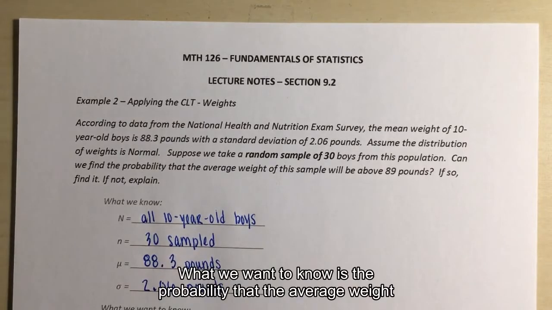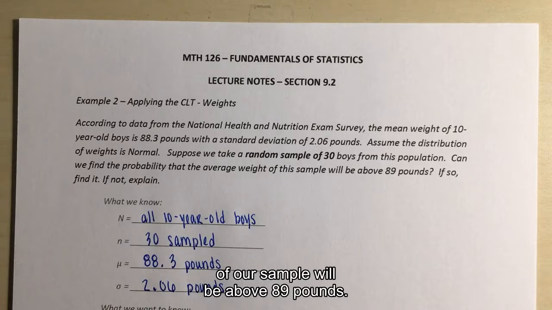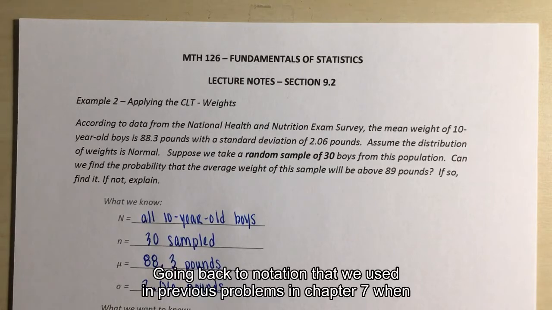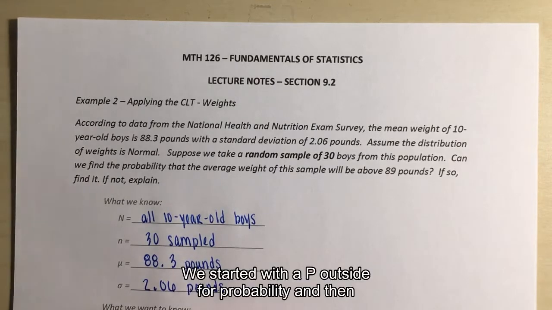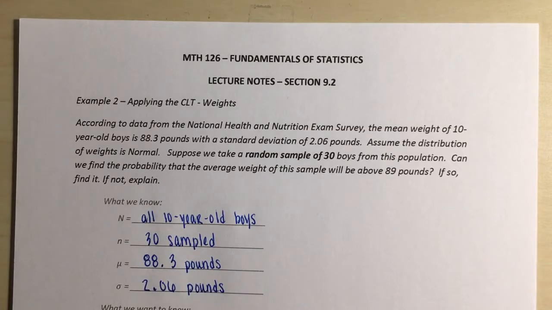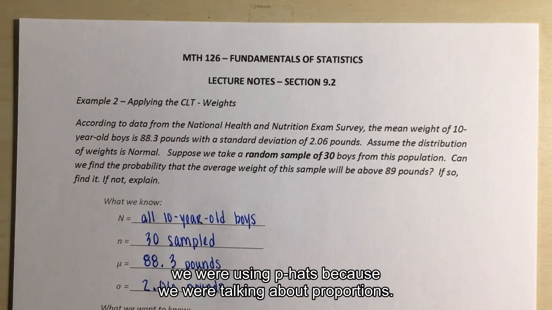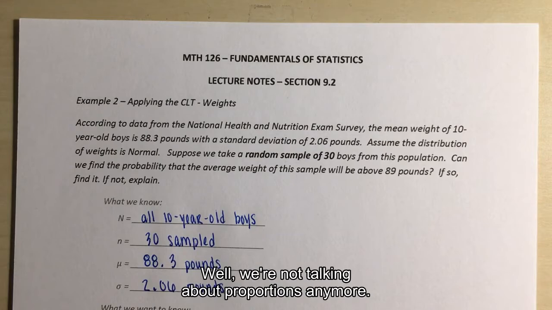Right, and what we want to know is the probability that the average weight of our sample will be above 89 pounds. So going back to notation that we used in previous problems in Chapter 7 when we were talking about our central limit theorem, we started with a capital P for probability, and then we were using p hats because we were talking about proportions. Well, we're not talking about proportions anymore.